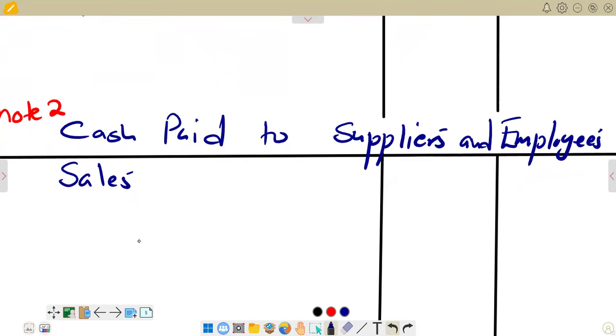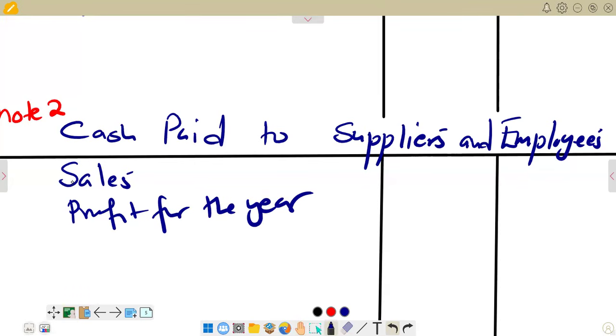So what we are trying to say is, this figure for sales will start as a negative, and then you add the profit for the year, and the answer that you get is the figure for expenses. So basically, this is what we have.